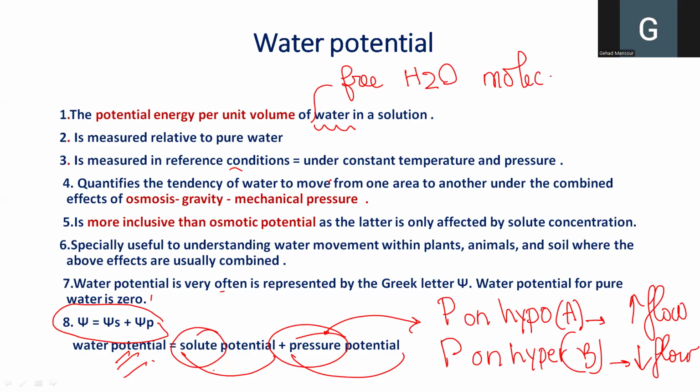But why isn't it equal to osmotic potential? Because as we have just said, the tendency of water to move from one area to another is not only the effect of the osmotic potential and osmosis, but it is also referred to factors related to pressure, whether it is artificial mechanical pressure that you apply from above, below, or the side of the container, or normal pressure like gravity.